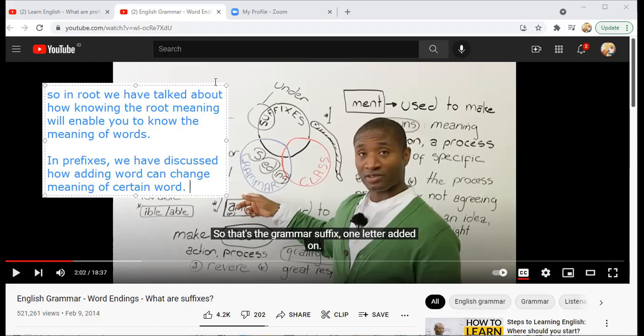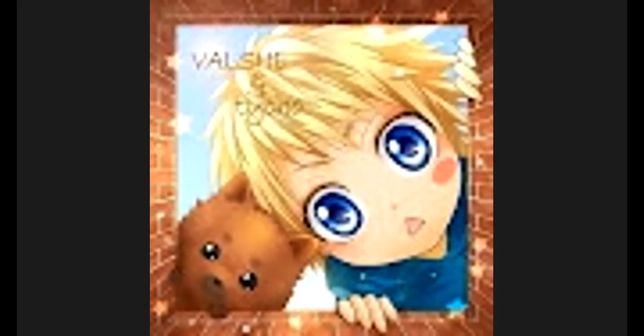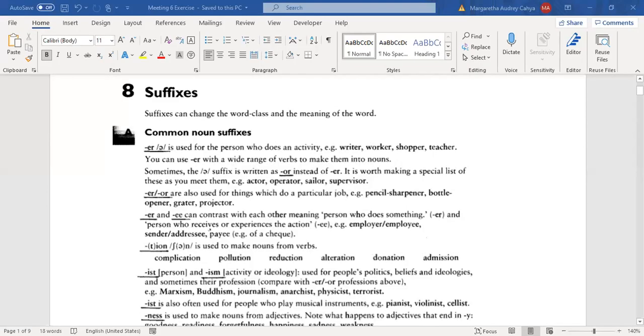Makanya root words itu, walaupun kita mengetahui artinya, terkadang tidak bisa menebak arti dari sebuah kata. Like, let me stop my share and give you the example back. Okay.